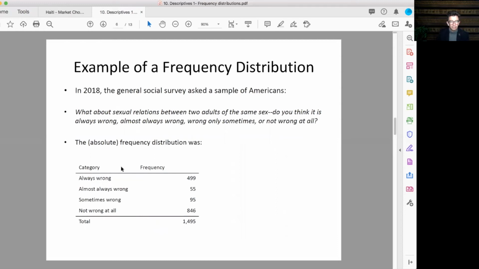And here we have a frequency distribution of the responses for that variable. 500 respondents said it was always wrong, 55 almost always wrong, and 846 said not wrong at all. This is an absolute frequency distribution because it's showing the raw numbers of respondents that chose each category.